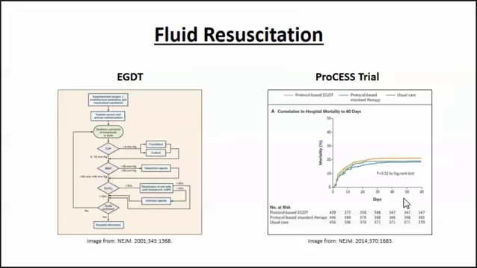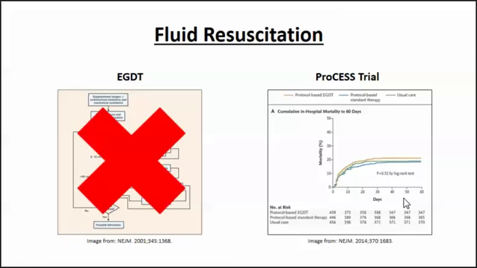So, the old idea of early goal-directed therapy: we dogmatically taught for a period of time, do this, then do this, and don't move to the next step until you've completed this step. The reality is that multiple trials, most specifically the ProCESS trial, demonstrated that it makes no difference whether you use your brain and your best clinical judgment or whether you follow the published guidelines.